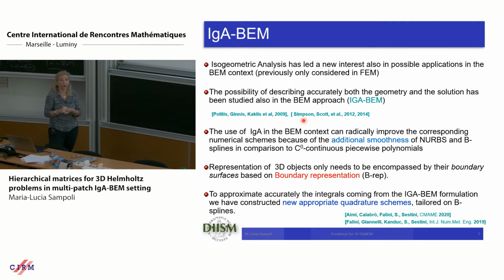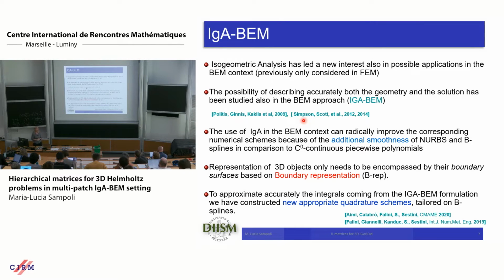So at the beginning of isogeometric analysis, there is a huge work on this new formulation of PDEs, or a new way of dealing with PDEs. But at the beginning it was mainly confined to the finite element setting as an improvement of it, but also in the boundary element methods we can have some improvement, and even more, because when we are dealing with 3D problems, we have an additional difficulty.